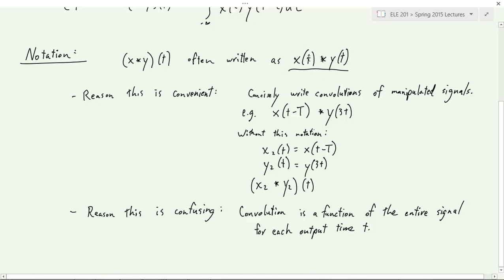That's not true. If you do a time shift on x and a time shift on y, you get a convolution that's shifted a different amount. So just remember what this actually means. We do an operation on the entire signal, and the only reason we're putting a t here is so we have an easy way to express new signals concisely. Okay.